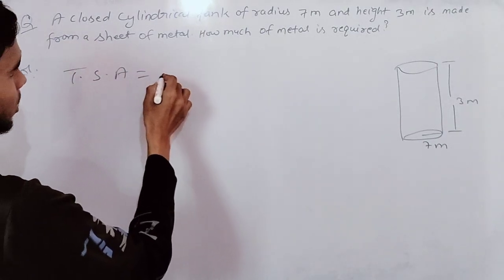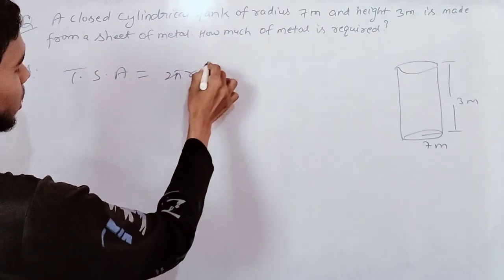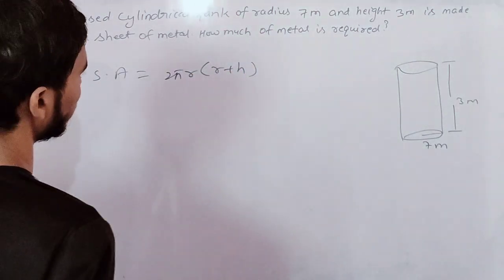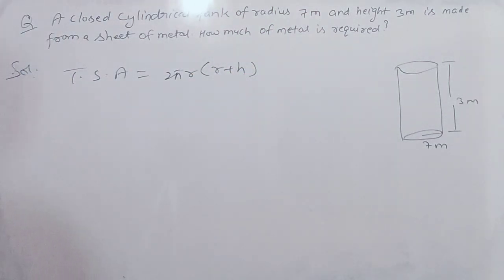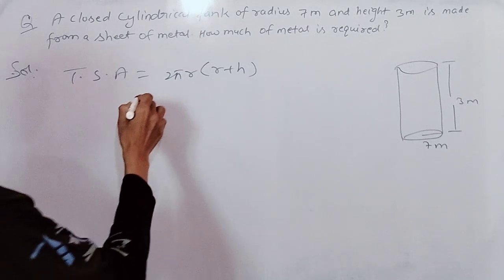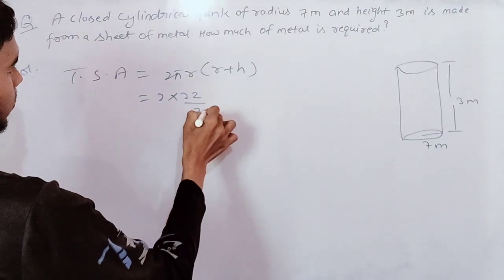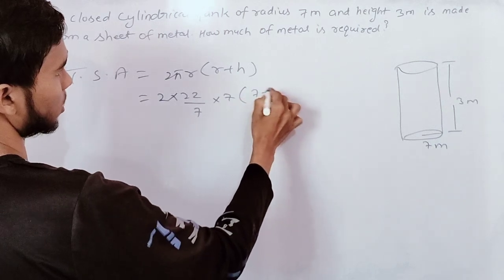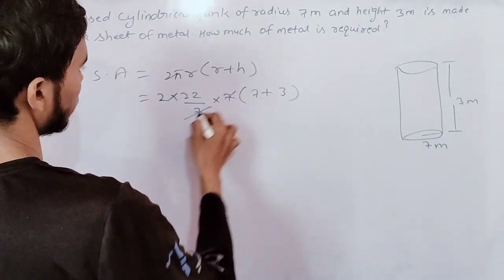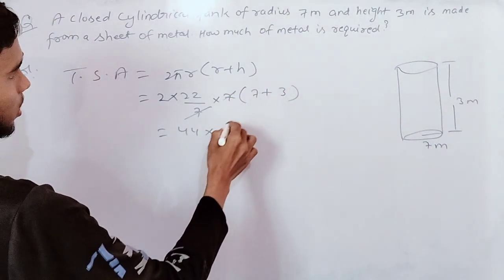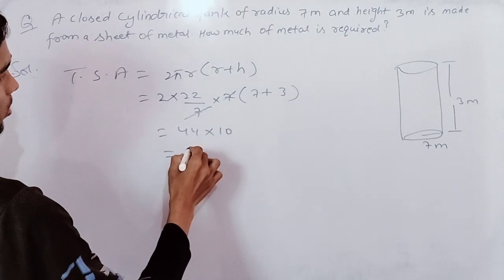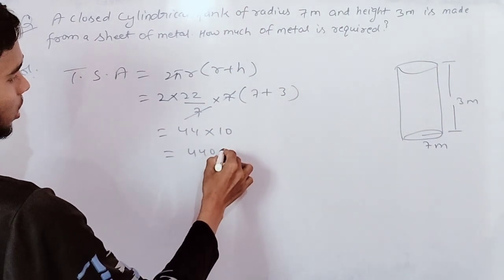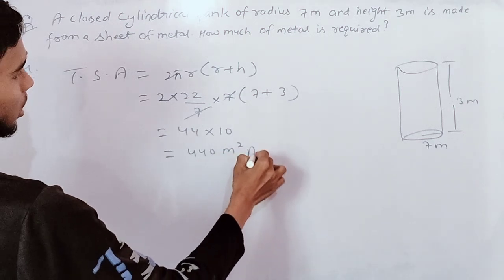Total surface area is 2 pi r times (r plus h). This is the formula for finding the total surface area of a closed cylinder. 2 multiplied by 22 upon 7, r is 7, plus h is 3. 44 multiplied by 10 is 440 meter square.